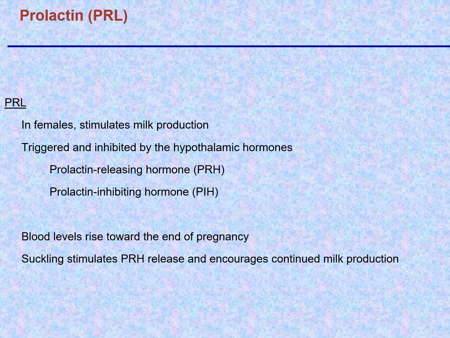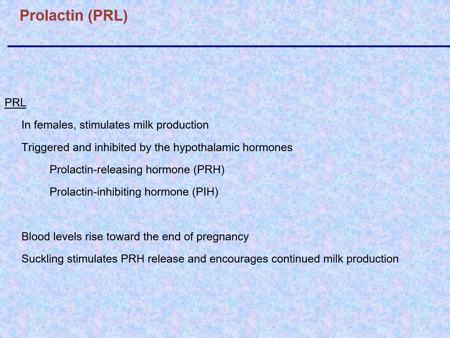Typically, the blood level of prolactin will rise towards the end of pregnancy, helping to prepare the breasts for milk production. One of the signals that stimulates prolactin releasing hormone is suckling of the infant.